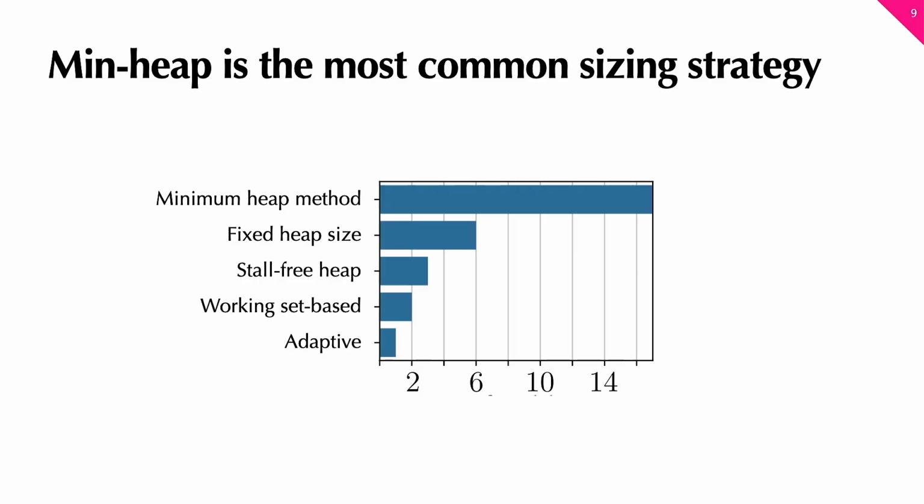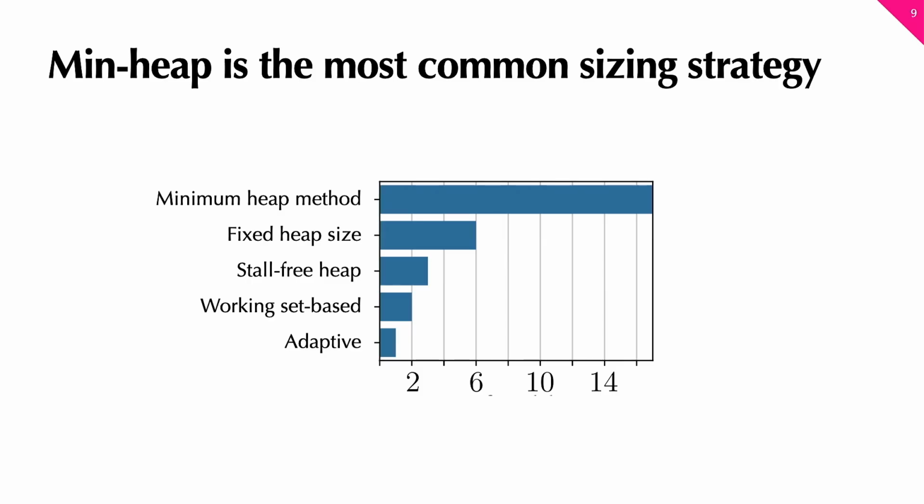Fixed heap size is just finding a heap size and sticking to that. Could be because we've determined that the benchmark has its peak performance, or displays some interesting characteristics at that point. The concept of a stall-free heap takes us away from the minimum heap size to a more concurrency-oriented way of thinking.